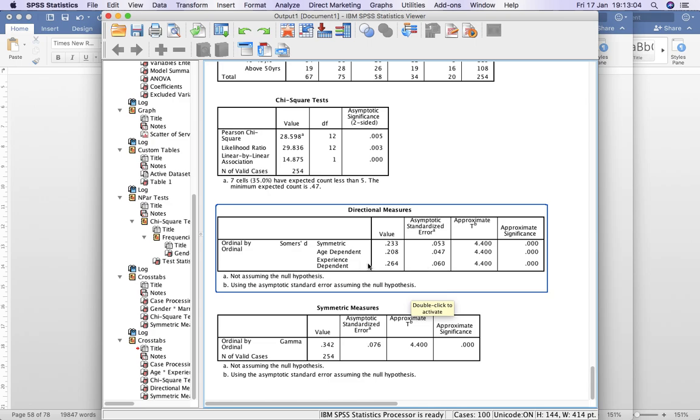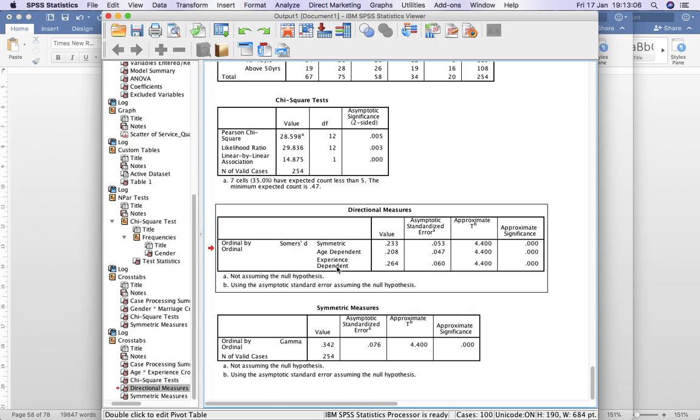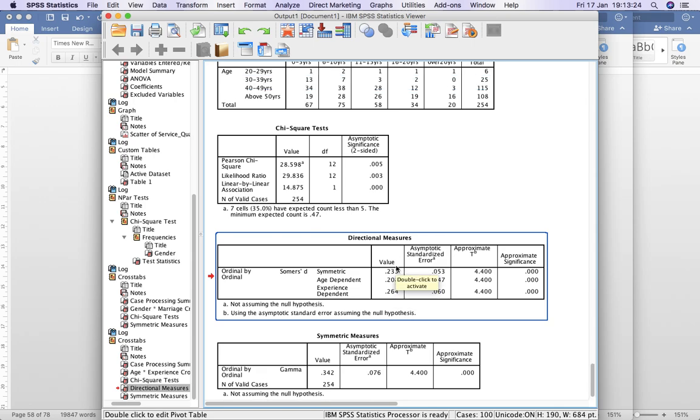In our case, because experience is the dependent variable, it's like an improvement in the age will improve experience by 26.4%. So basically that's how to do the chi-square. That's how it works. Yeah.